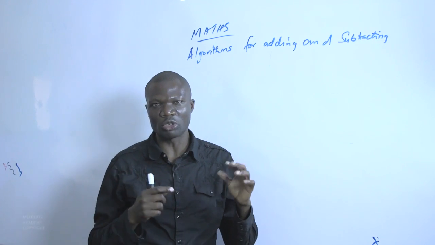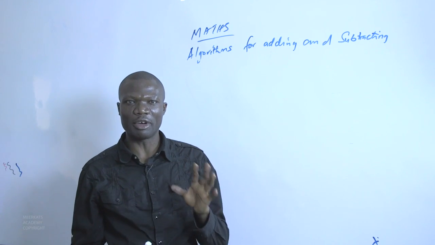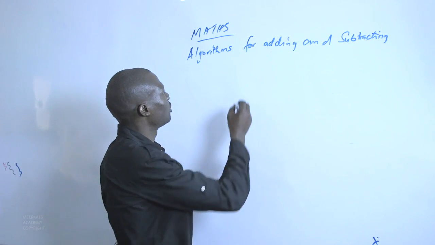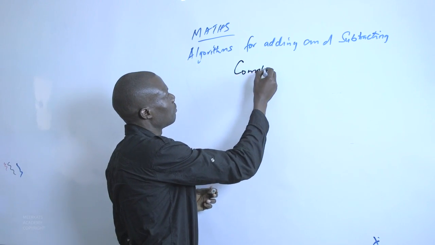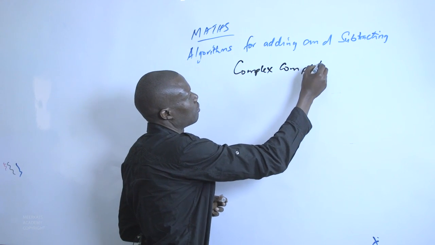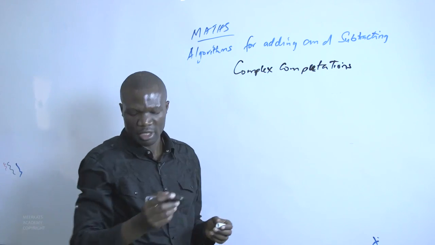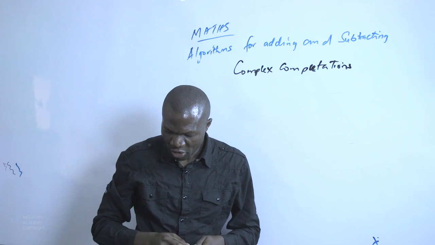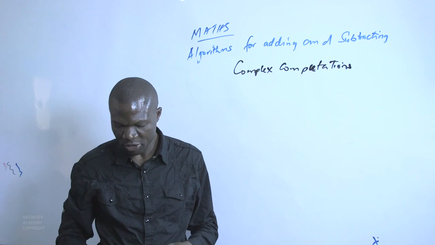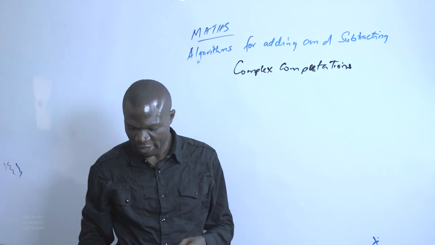If we are not able to solve all the problems mentally, then we need to find out how to handle complex computations. For complex computations, we shall need to involve steps that are going to be used to give us the answer.